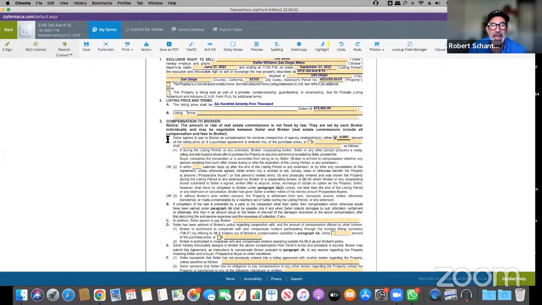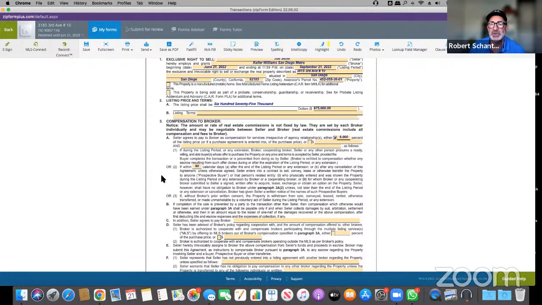That's what section 3A covers. Section 3A2 is where we protect ourselves as a brokerage. It basically says this: if within, and I put 90 calendar days after the end of the listing period or any extension, or after any cancellation of this agreement, unless otherwise agreed, seller enters into a contract to sell, convey, lease, or otherwise transfer the property to anyone, like a prospective buyer or that person's related entity.